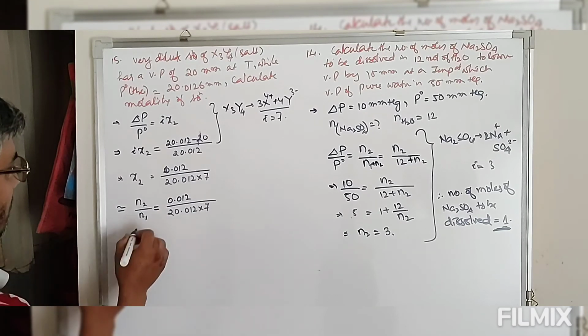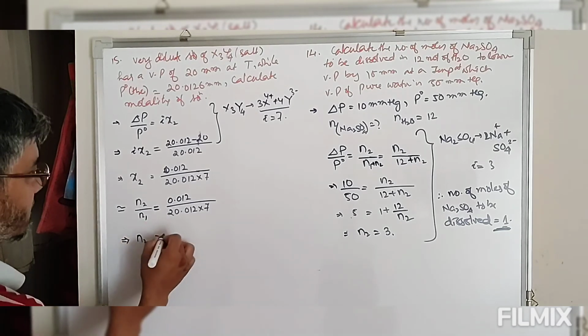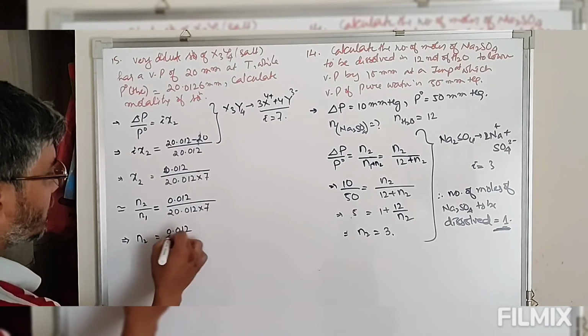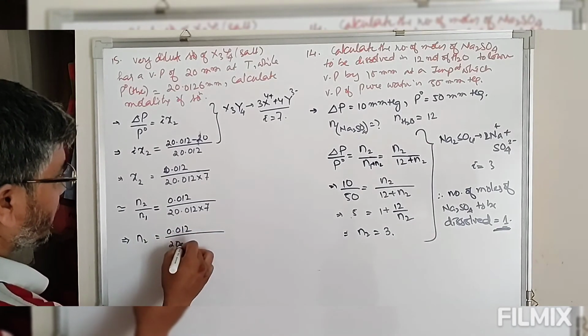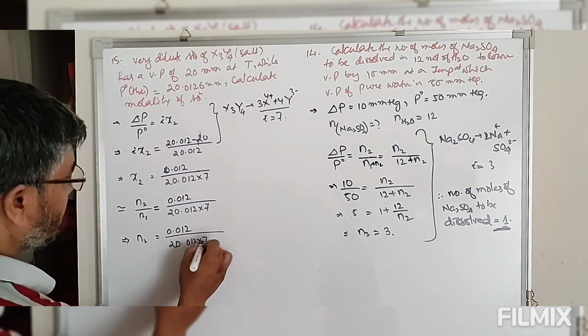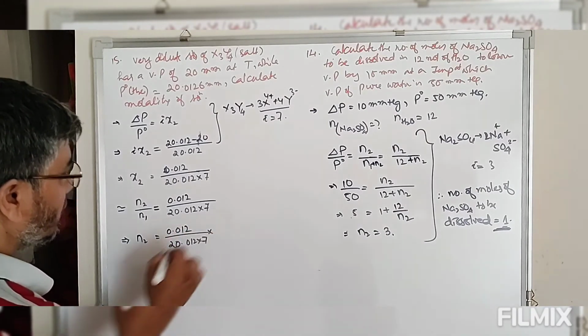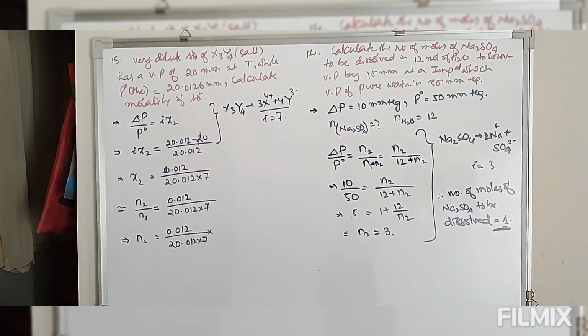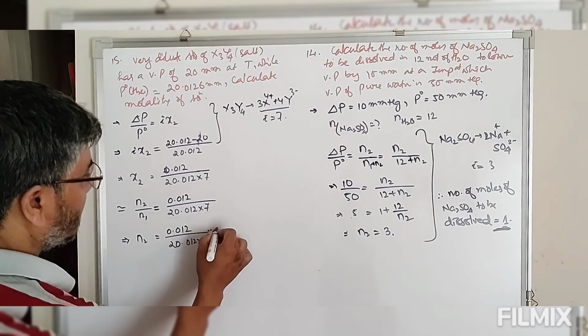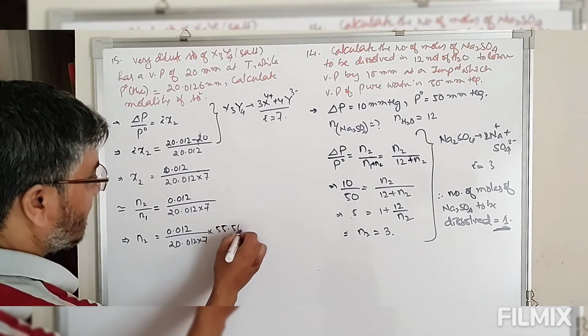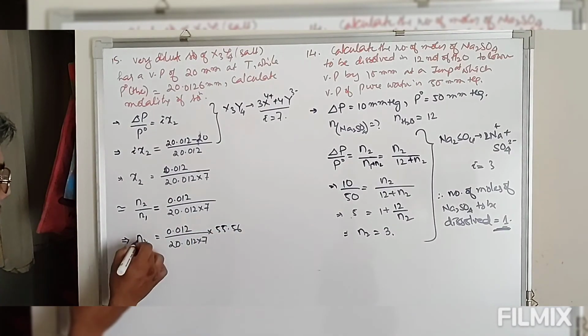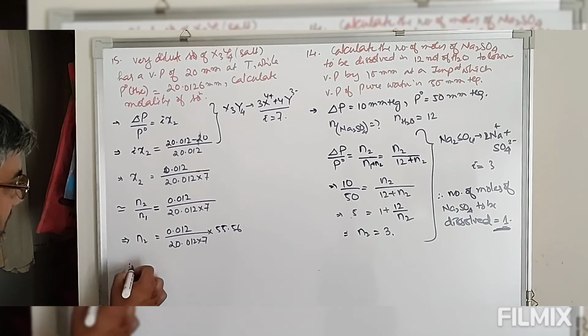So therefore the number of moles of solute is equal to 0.012 divided by 20.012 into 7 into, now we have water. Water at room temperature has a density of 1 gram per centimeter cube. So therefore the number of moles is 55.56.